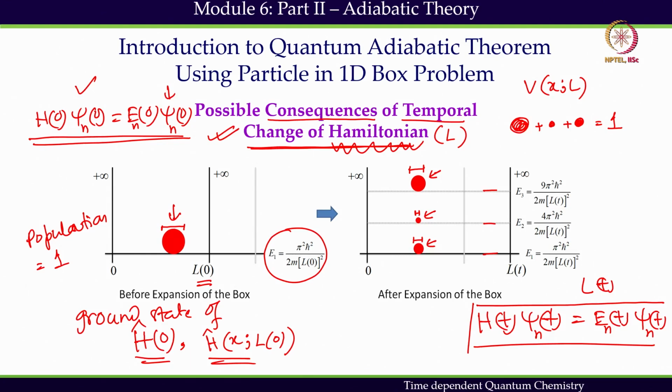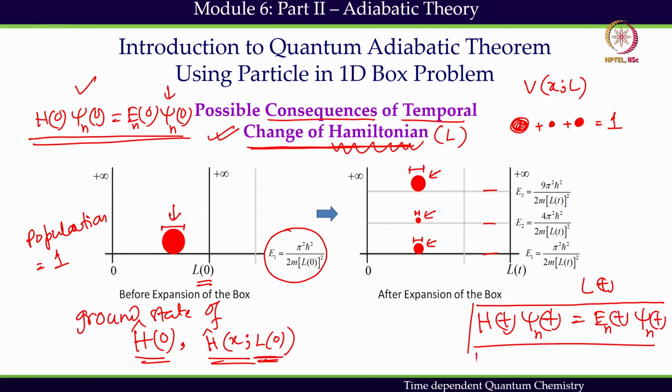Now, when the Hamiltonian of a quantum system changes as a function of time, in principle, the particle which was present in the nth discrete non-degenerate stationary state of initial H0 may undergo a transition, and in that case there can be development of probability of finding the particle in states other than that nth discrete non-degenerate stationary state of final HT.